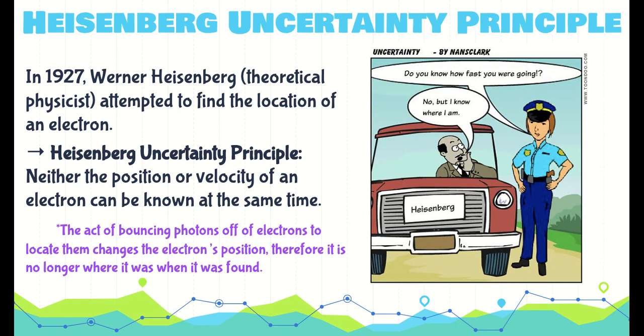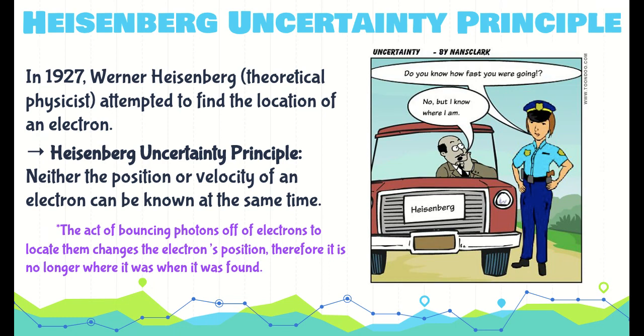So he shined small beams of photons into an atom, trying to find these electrons. And he figured out that the act of actually doing that was changing the electron's position. So if you can imagine this tiny beam, and we know that light acts as both a particle and a wave.